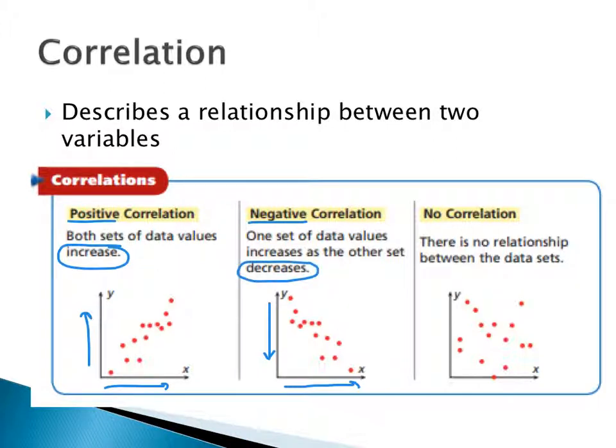Now, notice here, are both variables decreasing? And the answer here is no. Remember that when we read a graph, we always read a graph left to right. So our x variable is always going to get bigger. We're going to see that as x gets bigger, what is happening to y? Okay, so we're always going to look at what is happening to the y.